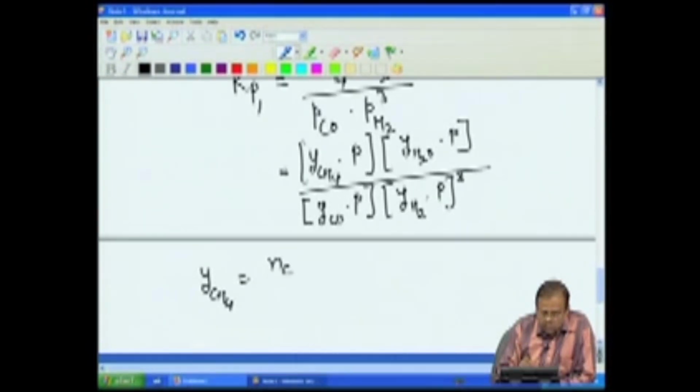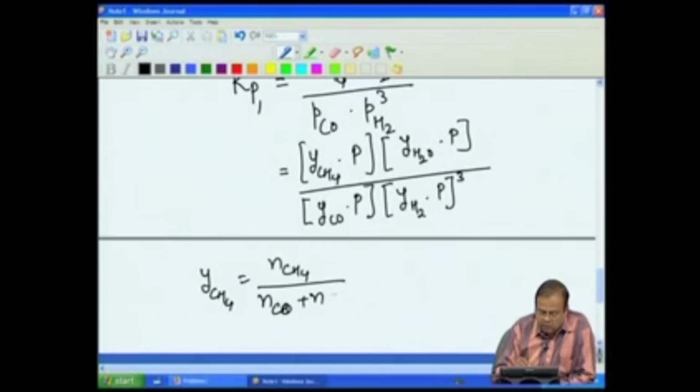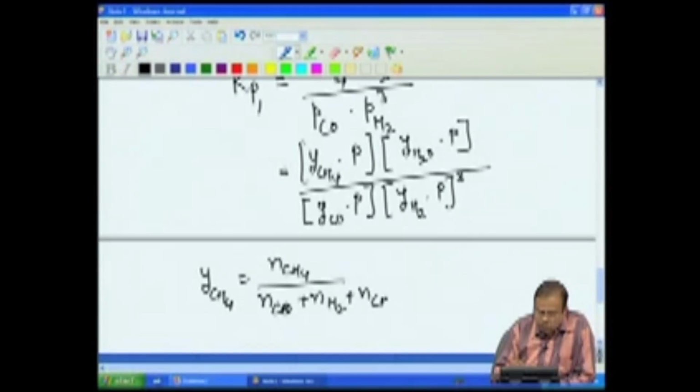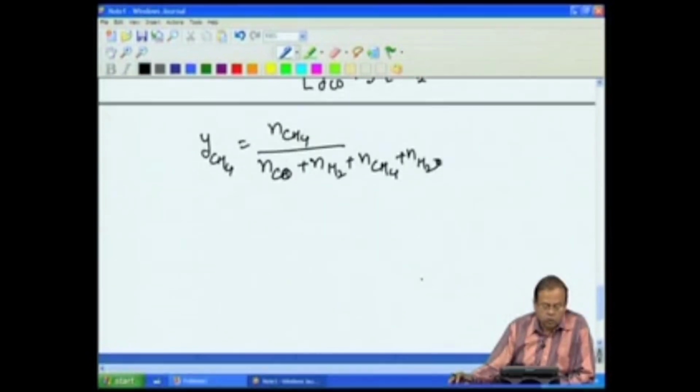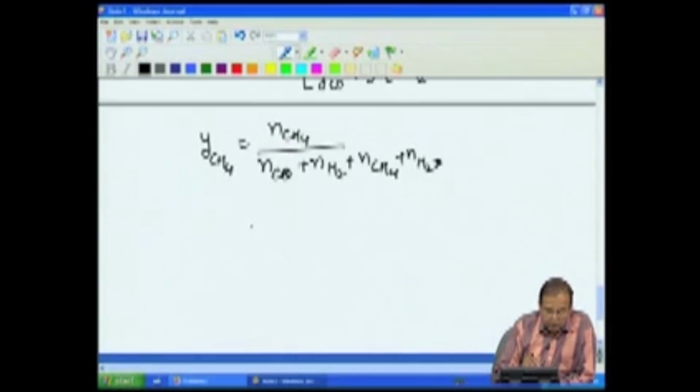It will be N CH4 divided by N CO plus N H2 plus N CH4 plus N H2O, that is the total number of moles. So, we are getting mole fractions. So, if we put all these things together, we will get one equation.